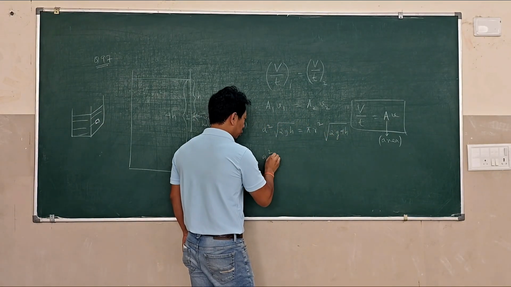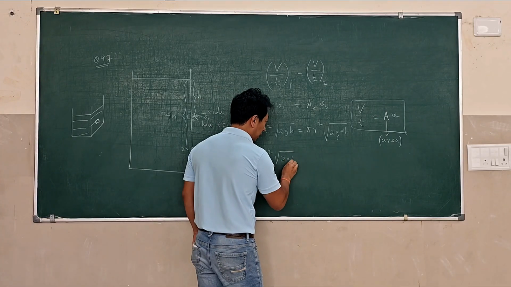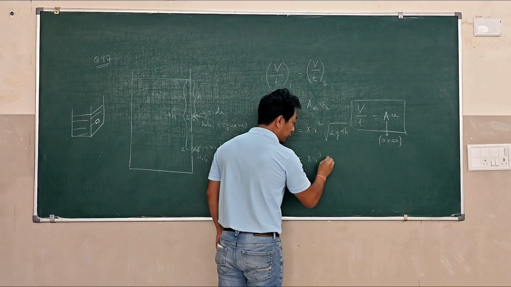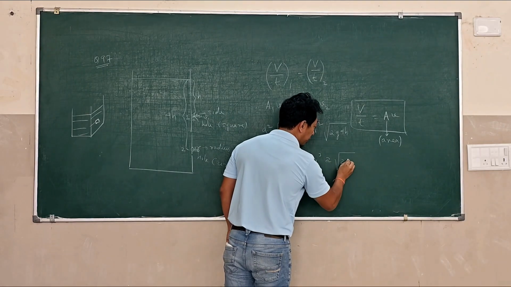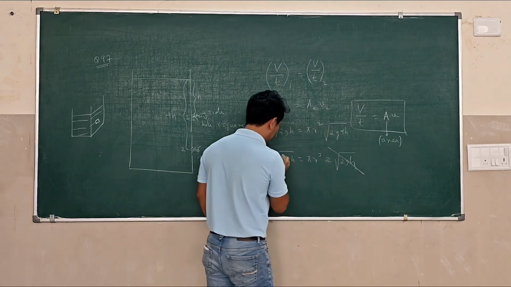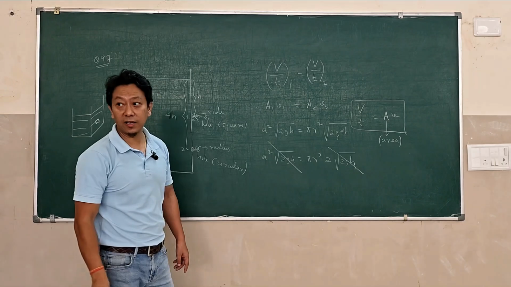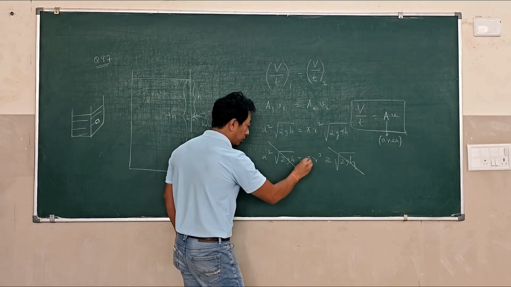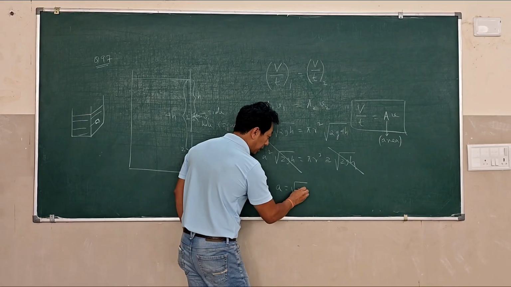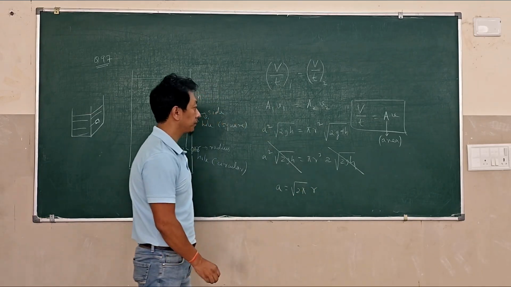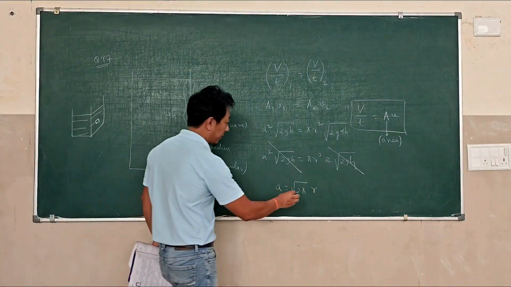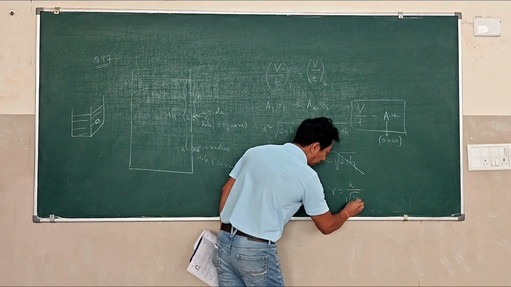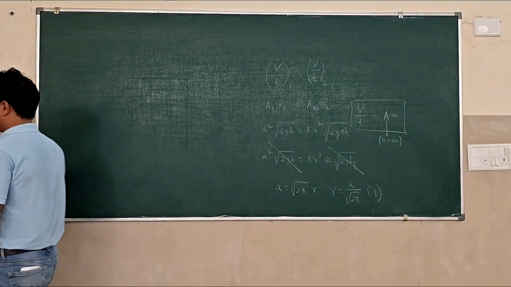So this will be square root of 2gh pi r square. Square root of 4 will be 2. Remaining is root of 2gh. This and this will entirely cancel. So a will be square root of 2 pi into r. So r will be a by root 2 pi. Option D, no.